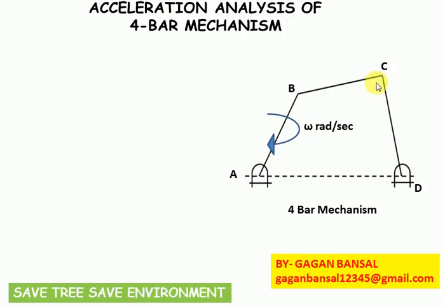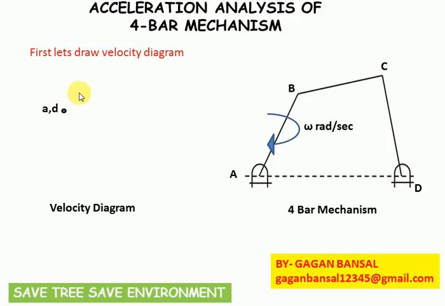In this, ABCD is a 4-bar mechanism. So the velocity of point B with respect to A will be perpendicular to AB, and its magnitude will be omega into distance AB. Before drawing the velocity diagram, let's consider A and D as fixed points.